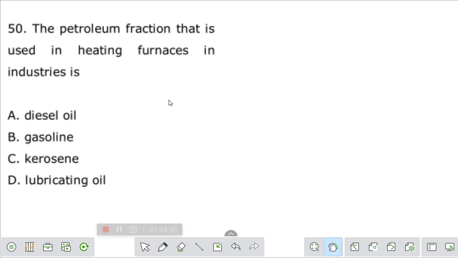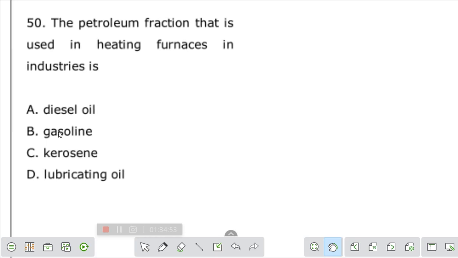It's just 50 questions. So the answer is just diesel oil. So that's our answer. Diesel oil is what we use in heating furnaces in industry.